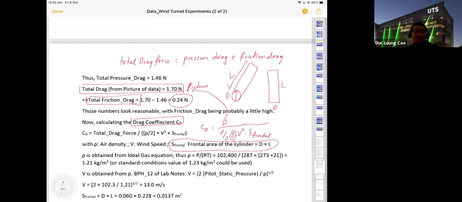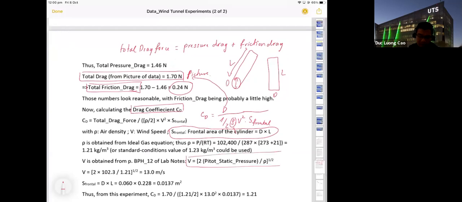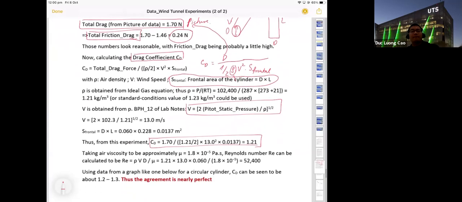So D you have, density you have, velocity you can find from dynamic pressure with this equation, and the frontal area from the shape of the cylinder. So you can find CD. For example, you have CD is 1.21. Now you will compare with CD from the textbook.